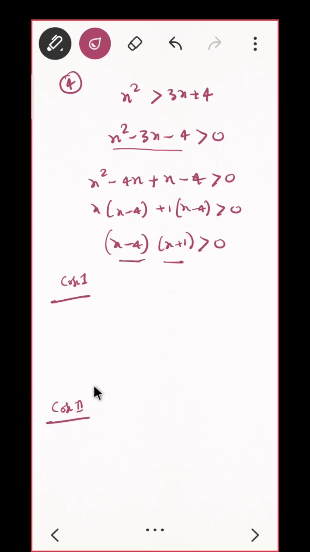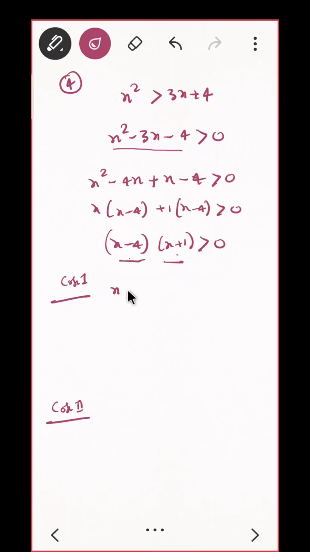Can you tell me what is case 1? You have a product of two numbers that is positive. Yeah, perfect. Both are positive or both are negative.